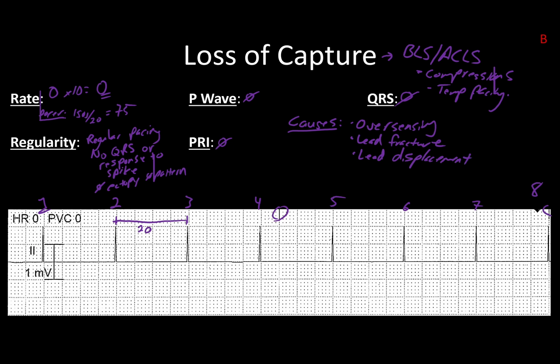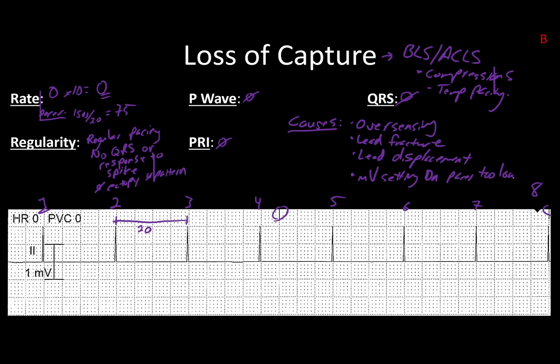This is something that you could see in a temporary pacemaker patient where the wire is floating inside of the heart and it moves away from the ventricle far enough that it doesn't cause depolarization, but you can still see the spike. And your millivolt setting is too low. Setting on pacer too low.